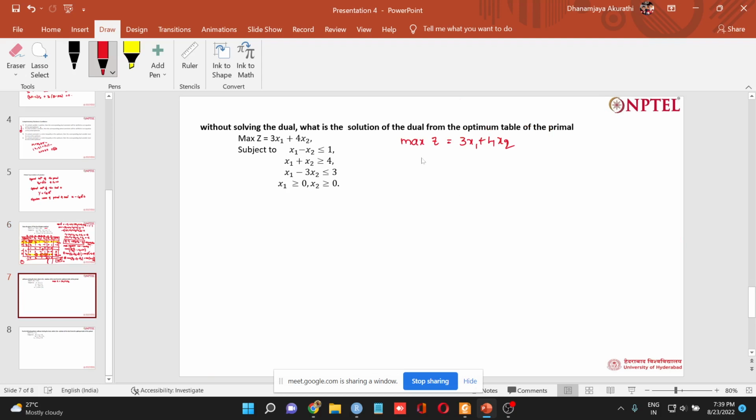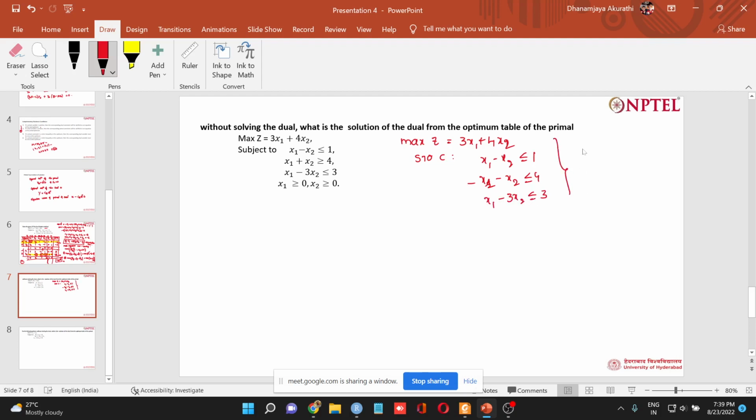So coming to this problem, the subject to constraints are x1 minus x2 less than or equal to type, and x1 plus x2 greater than or equal to 4. To convert this into the standard form, that means into less than or equal to type, multiply the constraint by minus 1: minus x1 minus x2 less than or equal to minus 4, and x1 minus 3x2 less than or equal to 3. These are the constraints, and the non-negative restrictions are the same.